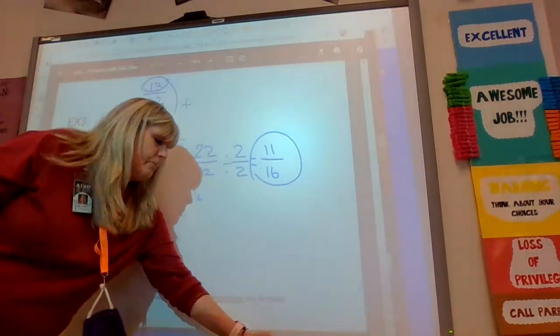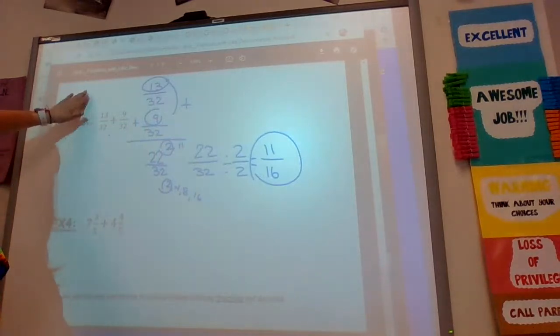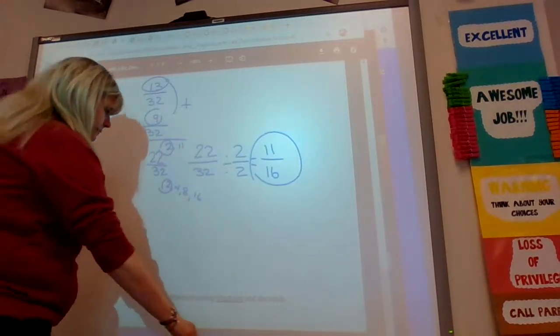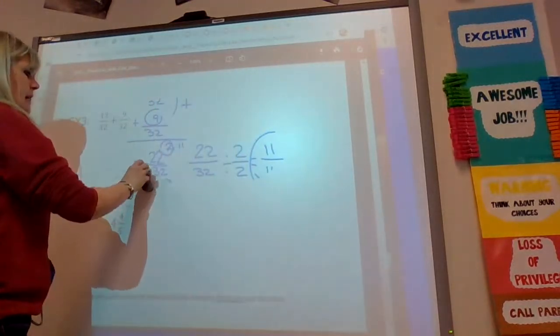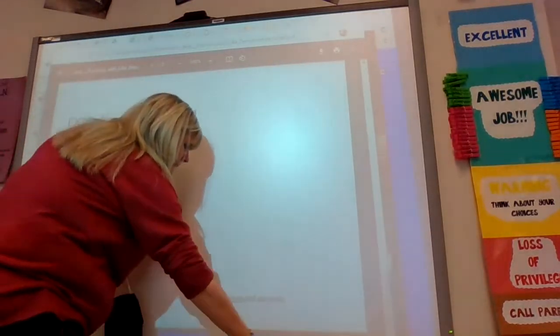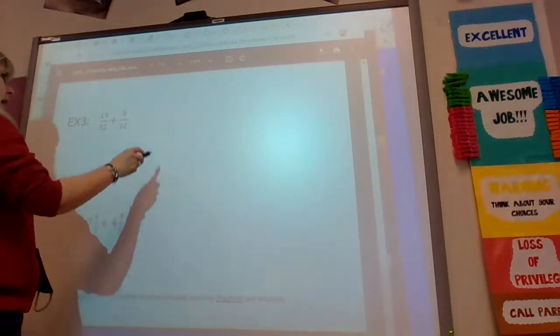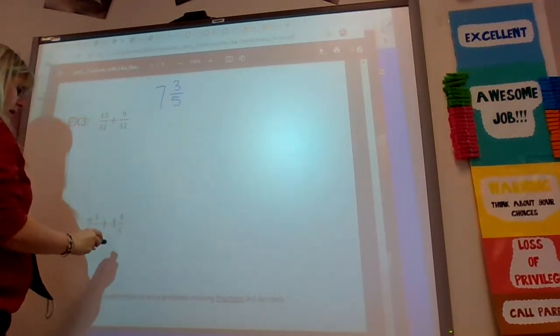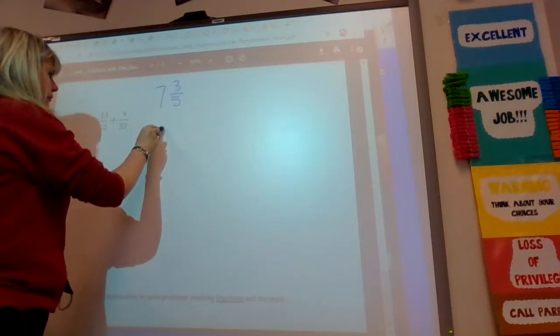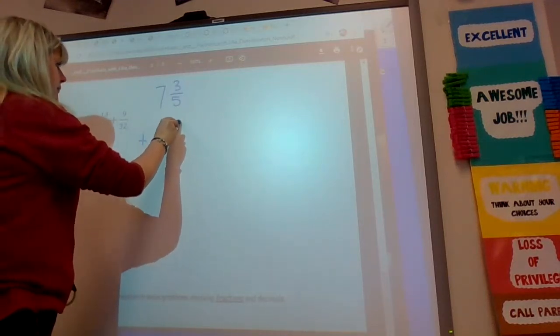Okay, let's look at example number 4. Okay, the first thing I'm going to do is line them up. So we've got 7 and 3/5 plus 4 and 4/5.